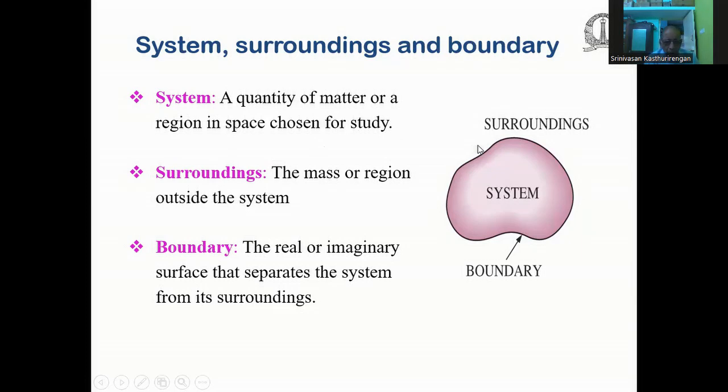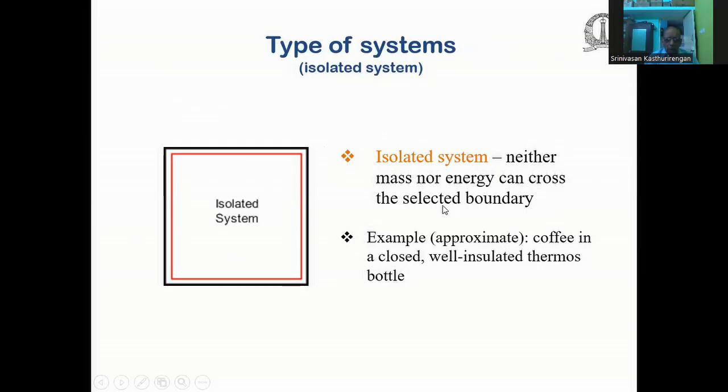Boundary is the real or imaginary surface that separates the system from the surroundings. So you can see here the system, the surroundings and the boundary. Right. Now we can define different types of systems. An isolated system is one in which neither mass nor energy can cross the selected boundary.